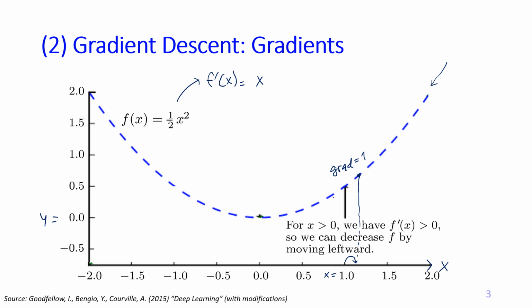Okay, that's why the gradient is positive. Actually, this shift from x equals 1.0 to the right should be super small. It's almost 0.